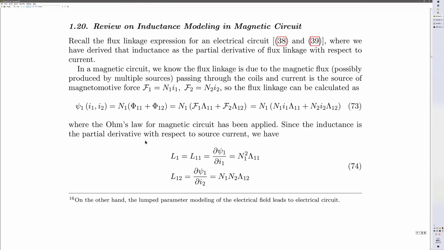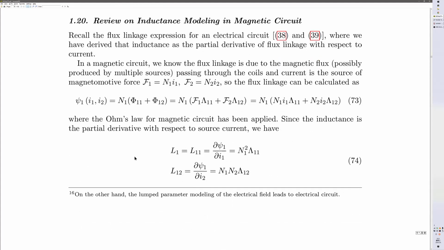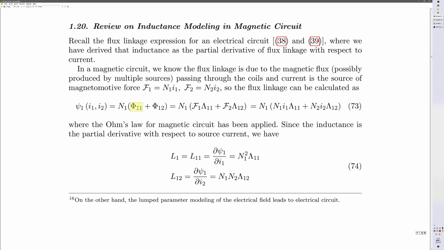If you know that, we are now ready to derive the expression for our inductance. We can derive this if we know the definition of the flux linkage, the time integral of the back EMF. We have this, and we plug in the result of Ohm's law for the magnetic circuit: flux is equal to the source times the conductance.